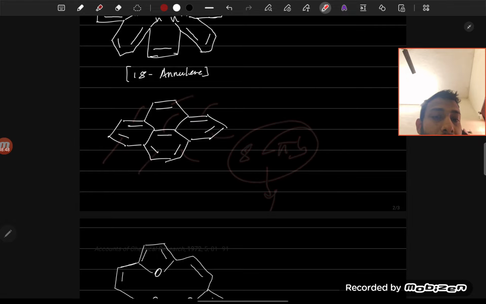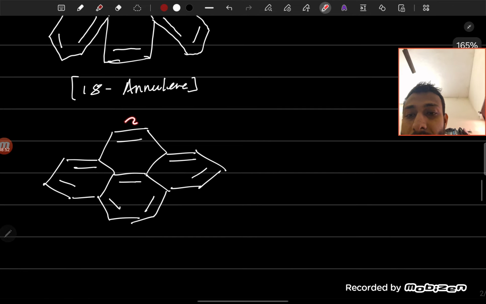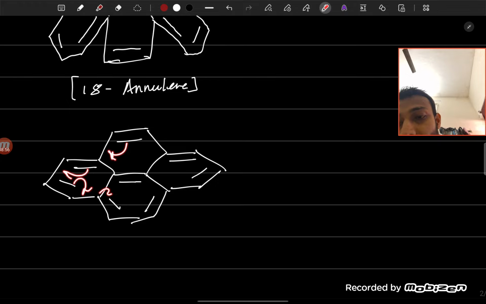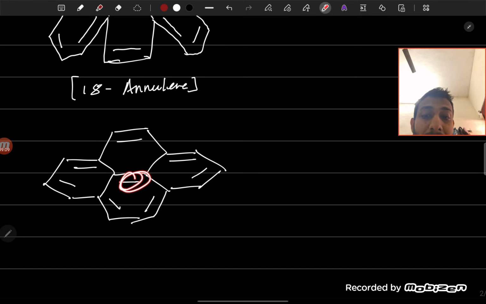but that's not the correct picture, because if we look at the diagram, this pi bond moves here, it moves here, and it moves here, and so on. So this pi bond is not taking part in the peripheral resonance, and if this pi bond took part in the aromatic resonance, then the aromaticity of the compound would decrease.